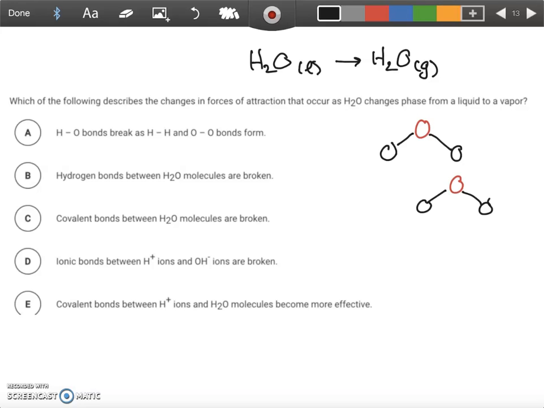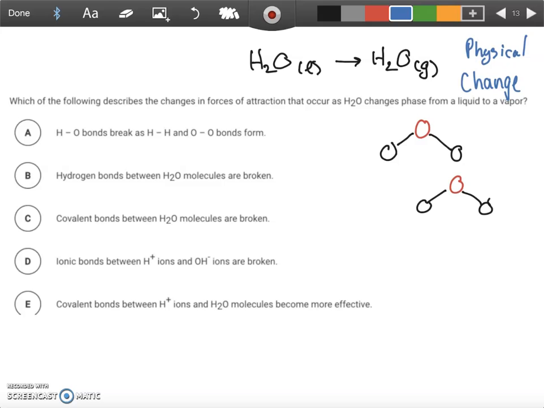The question did not say that we were forming a new substance. We still have water, it's just going from liquid into a gas. So we know right now that this is a physical change. Therefore, our description that we choose in the multiple choice should indicate a physical change.